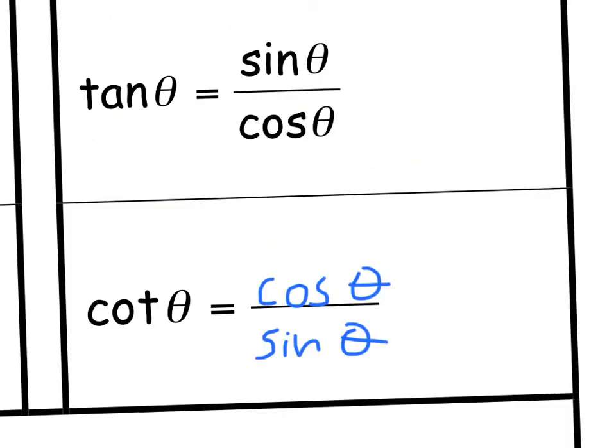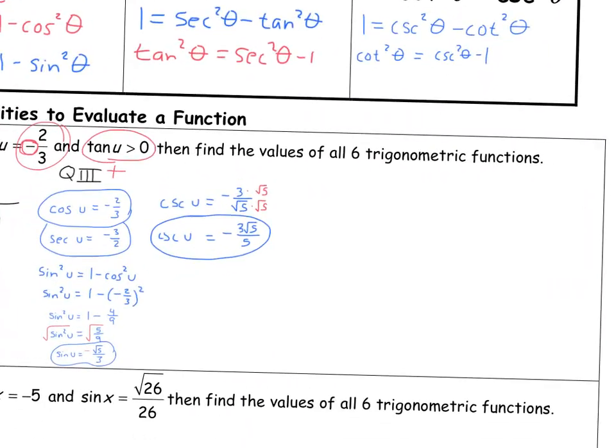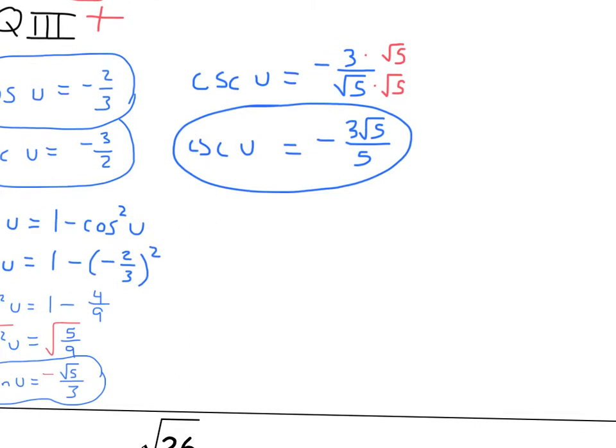Now, in order to find tangent and cotangent, I am just going to substitute my sine value and my cosine value into this ratio. So I'm going to get a complex situation. Sine goes upstairs. So tangent of u is equal to my sine, which is negative radical 5/3, all over my cosine, which is my original negative 2/3.